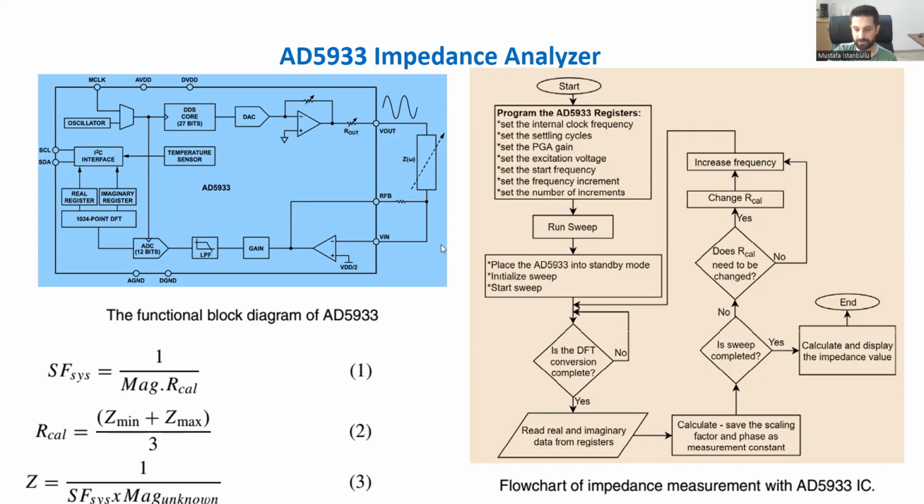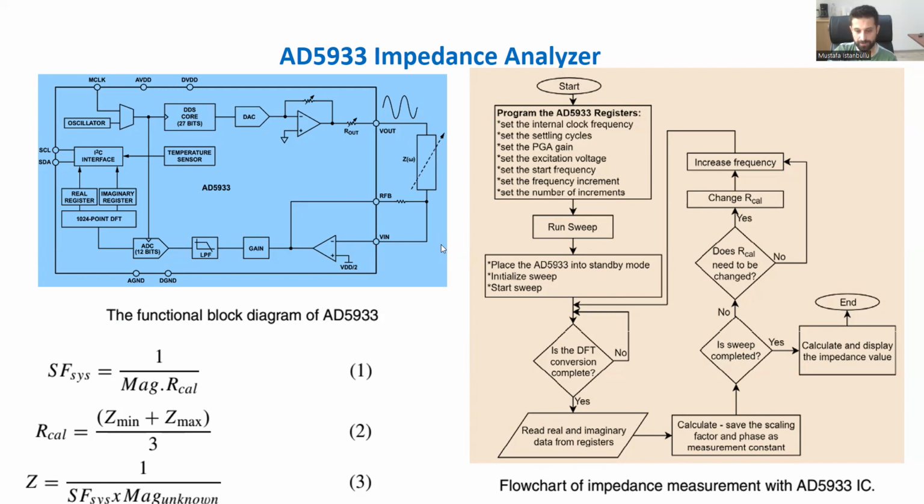The stage connected to RFB and V-in terminals is called as receive stage. The receiving stage acquires the current from the unknown testing unit to perform analog signal processing. It digitizes the results by the onboard analog to digital converter. Finally, the discrete Fourier transform is processed by the onboard DSP engine.